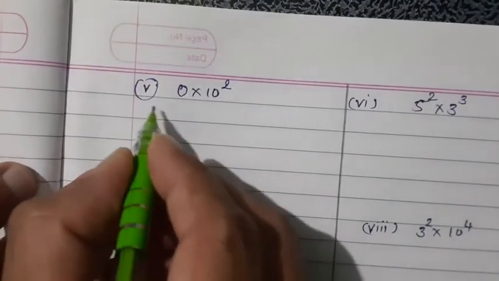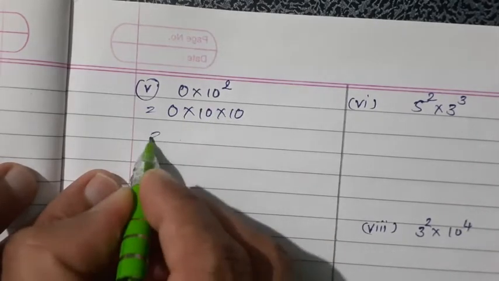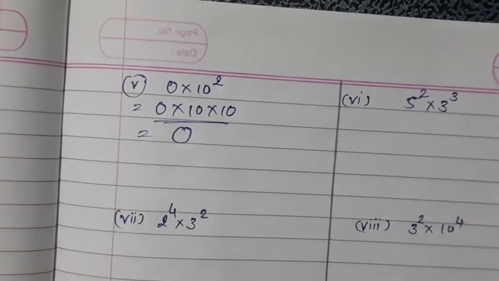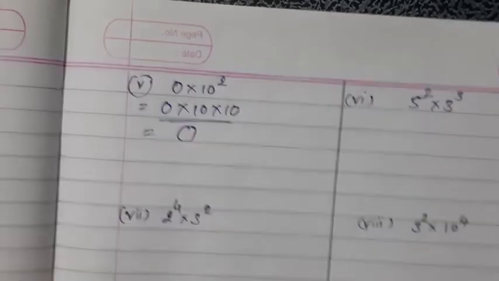Fifth one, 0 into 10 square means 10 into 10, and the final answer is 0, because in a multiplication, if any number's value is 0, the final answer is always 0.